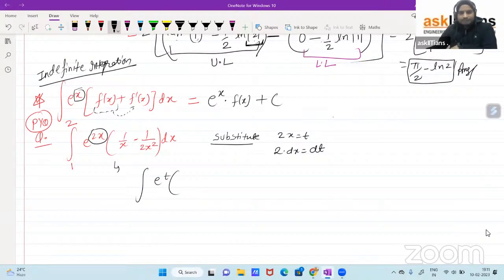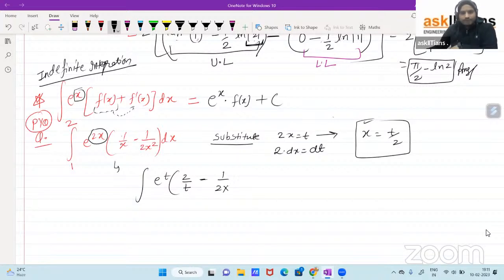Now 1 upon x: x will be t by 2, so 1 upon x will be 2 by t. Then minus 1 by 2 into x square: x square will be t by 2 whole square, that means t square divided by 4.